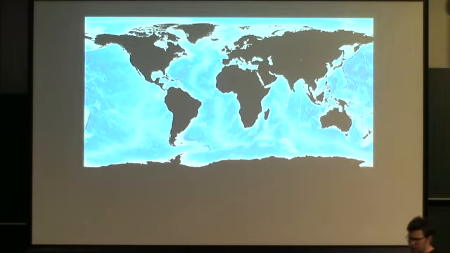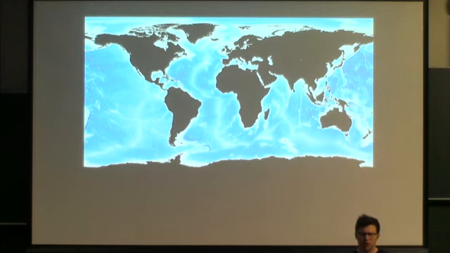So this relationship between ice loading, glaciation, climatic variations, and magmatism is a sort of growth industry at the moment. There have been a number of attempts to examine it.